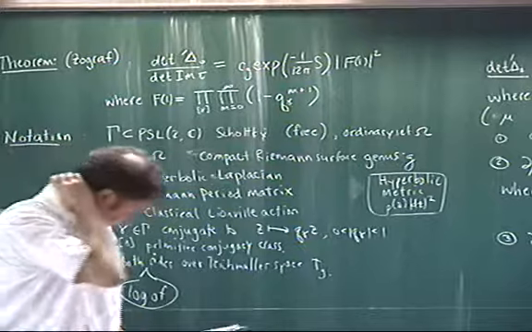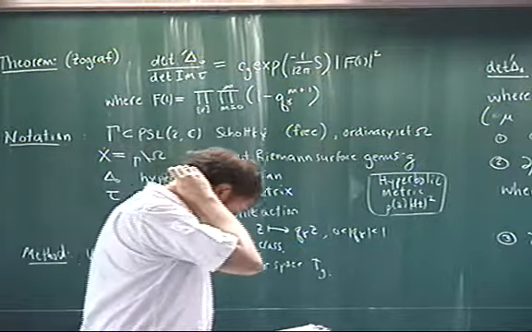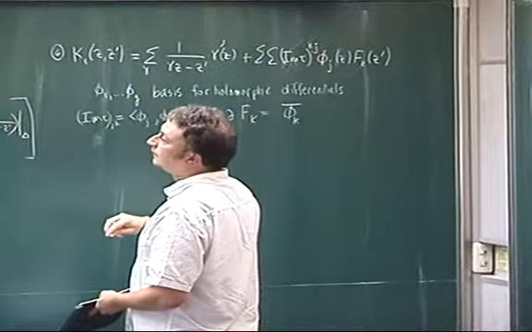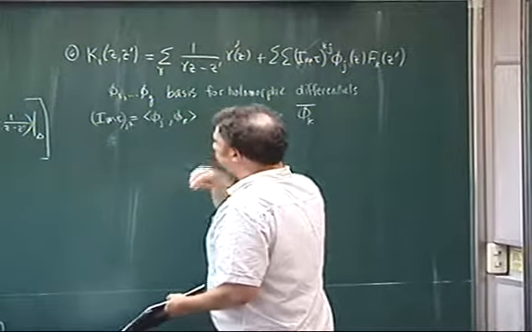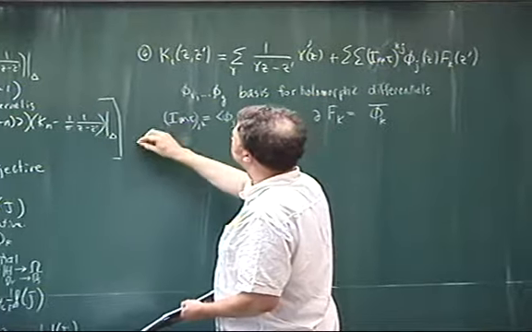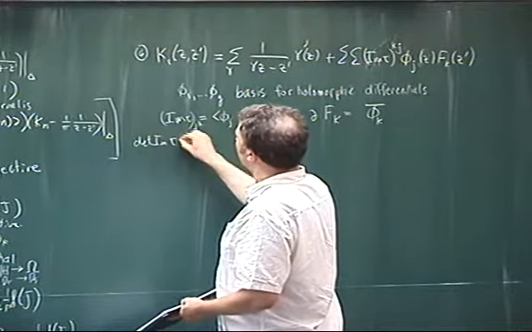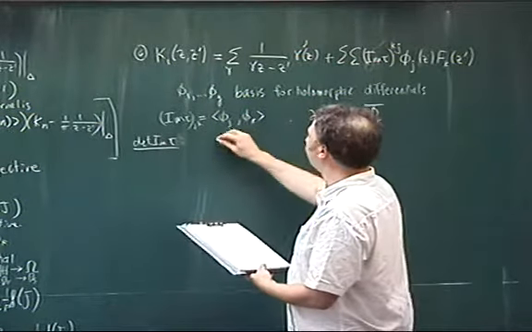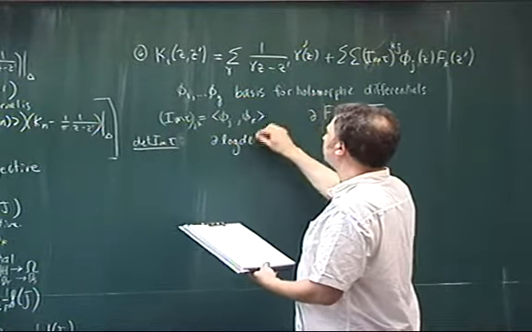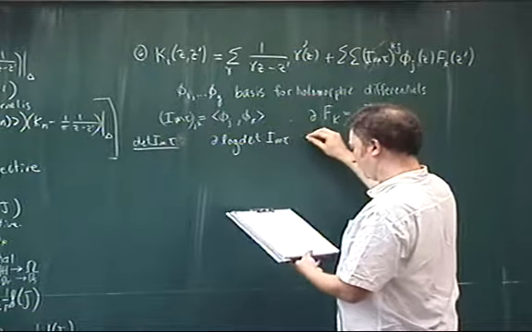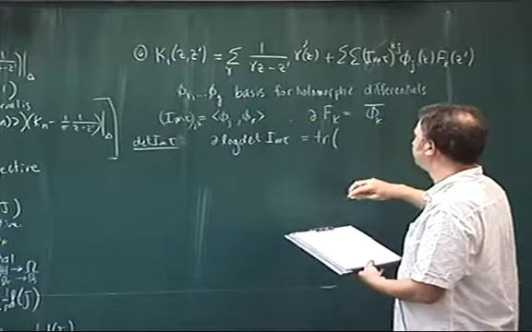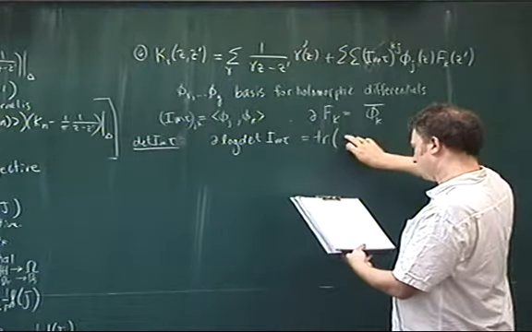Let me just briefly say the kernel part: the derivative of log det imaginary tau is the trace of this matrix.